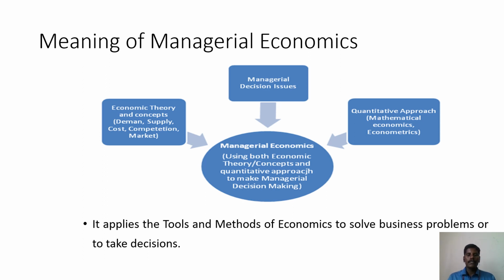We use some methods or statistical formulas to identify the trend of the company. Managerial economics uses some statistical formulas or psychological approaches to identify where the company is actually moving.